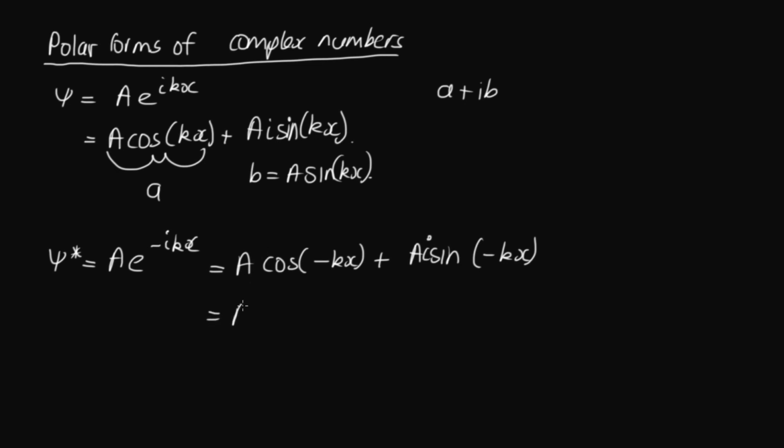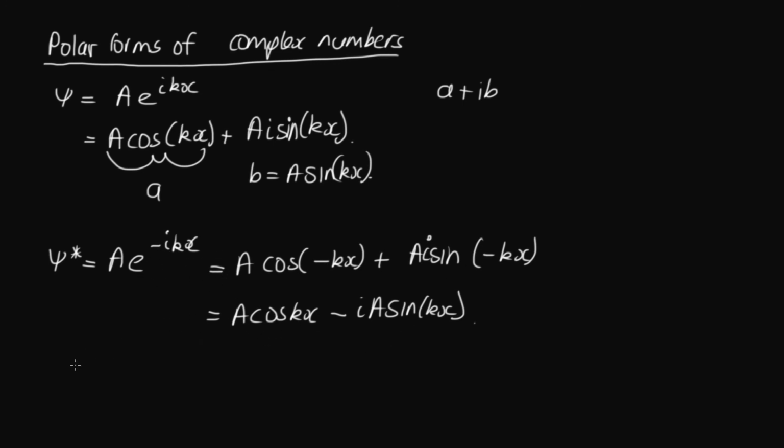So we can write this as a cos kx, and then this will be minus ia sin kx. So you can see how taking the complex conjugate, once again, we're just changing the sign in front of the imaginary term, and we can do that in this notation by writing a negative in front of the exponential.